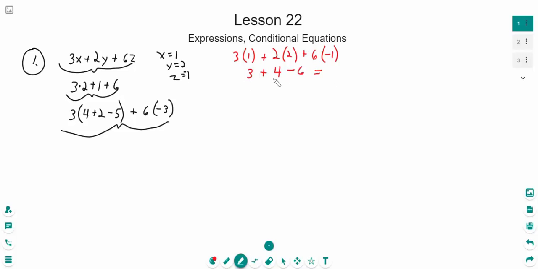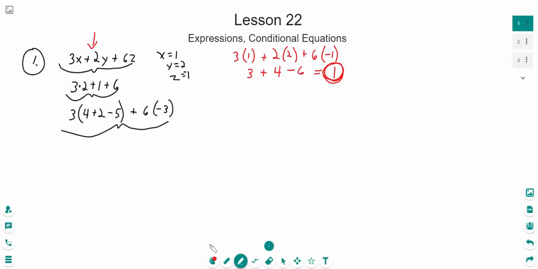So 3 plus 4 is 7, 7 minus 6 is 1, and we end up with a value. So this is the value for this expression, given that x is 1, y is 2, and z is equal to a negative 1. We have an expression and we have a value for that expression. This whole detailed thing is just a really messy and complex way of writing the number 1.